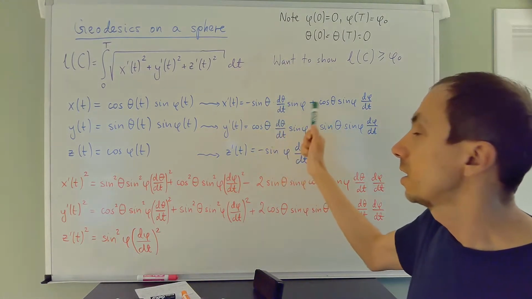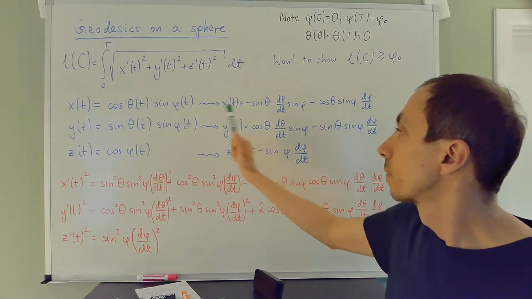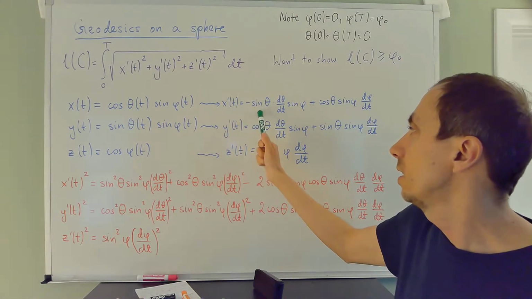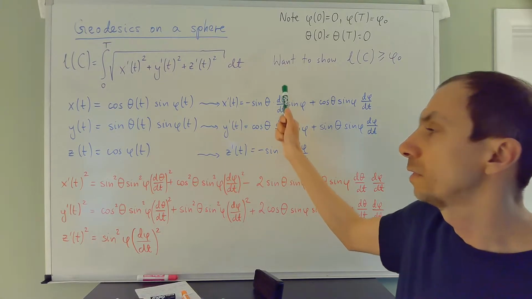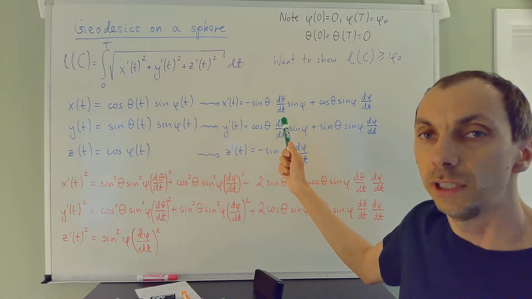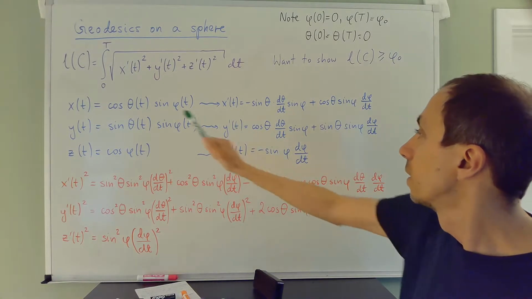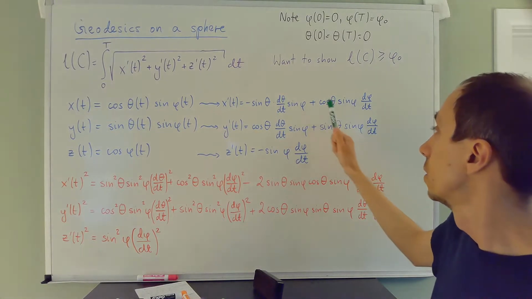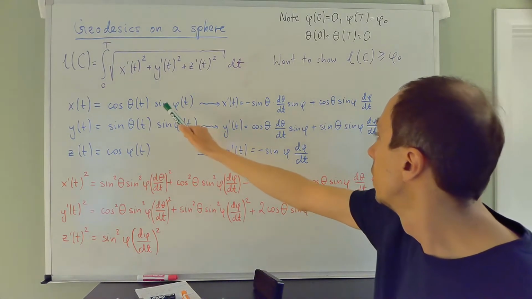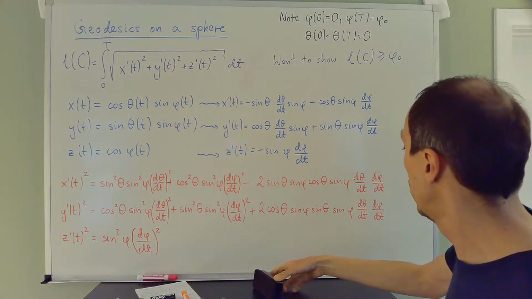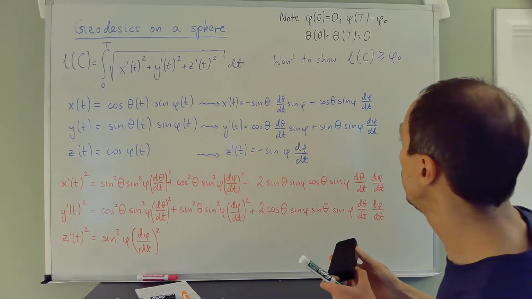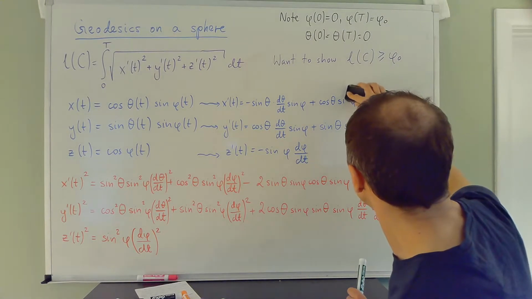So of course all the thetas and phis still depend on t. So derivative of cosine theta is negative sine theta times the derivative of the inner function, so d theta over dt, times sine of phi, plus the first function, unchanged, times the derivative of the second function, which should have been here cosine.